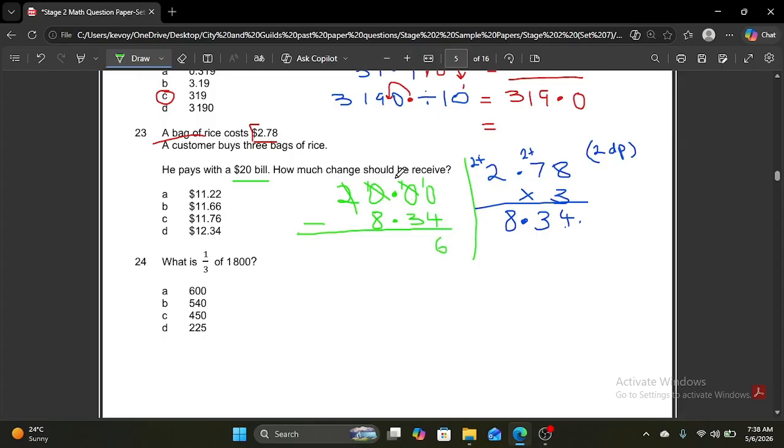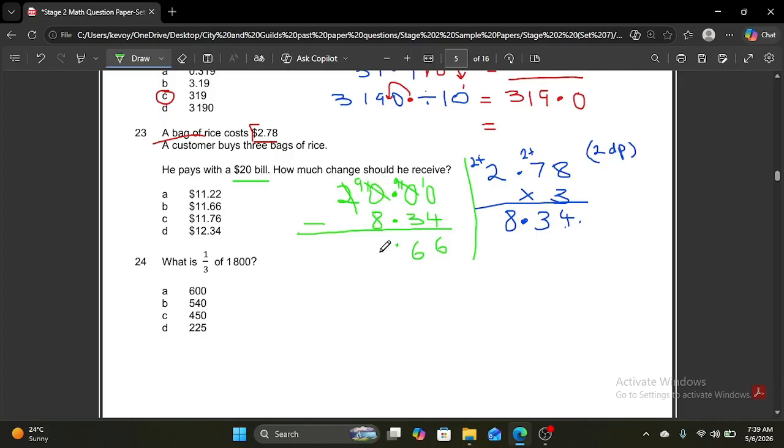We have 9 right here, because we take away 1 from the 10. 3 from the 9, that would be 6 as well. And we have our point. So we'll have a 9 right here as well, because we took 1 from the 10.